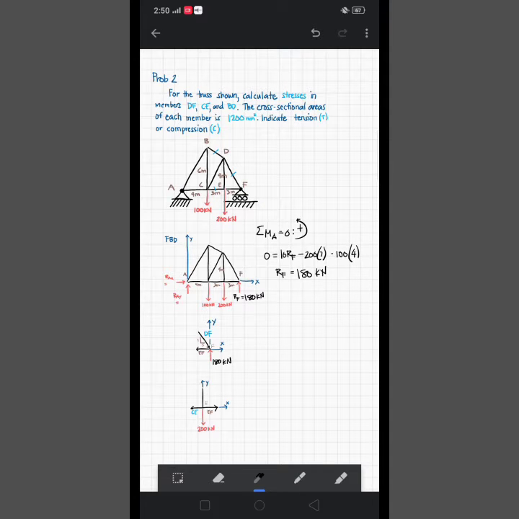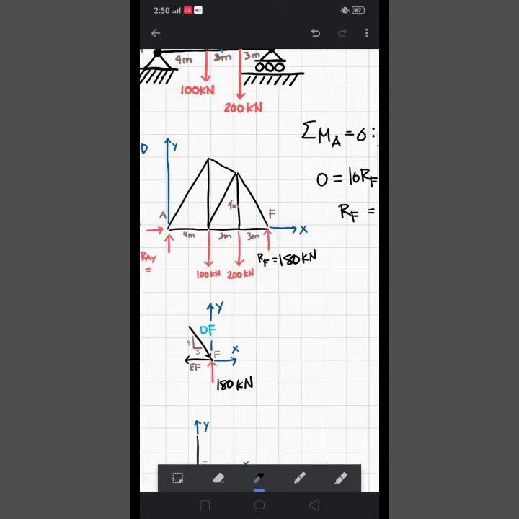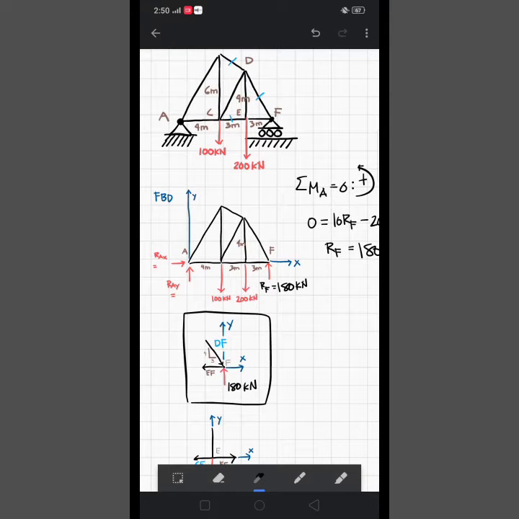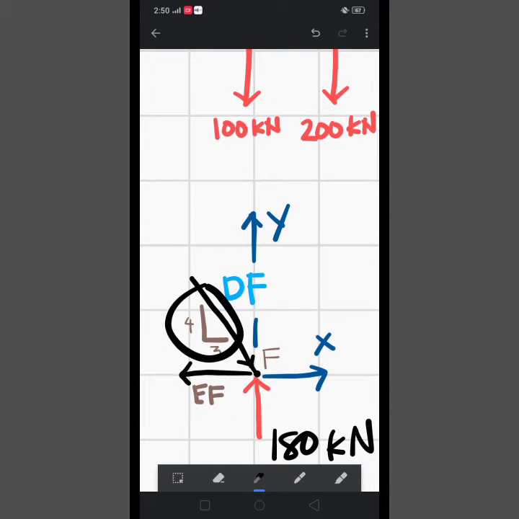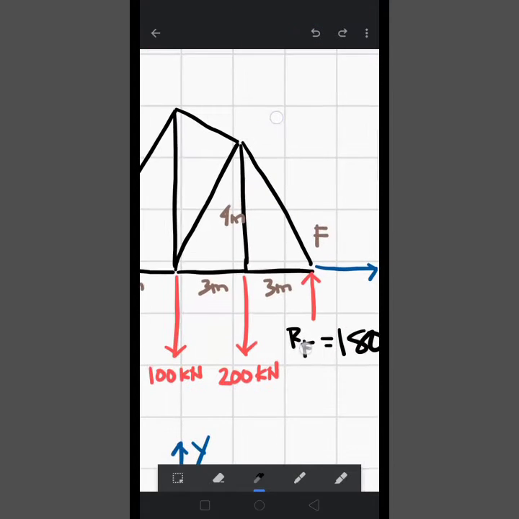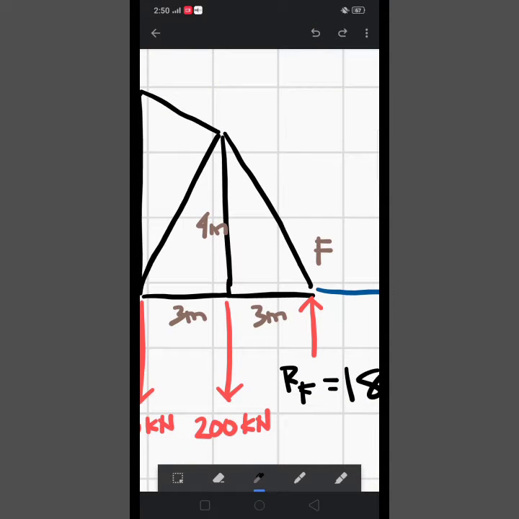Now that we know the reaction in the roller support, we can draw the free body diagram of point F so that we can now know DF. Here, you might wonder where this 4 and 3 came from. That's the slope of this DF.